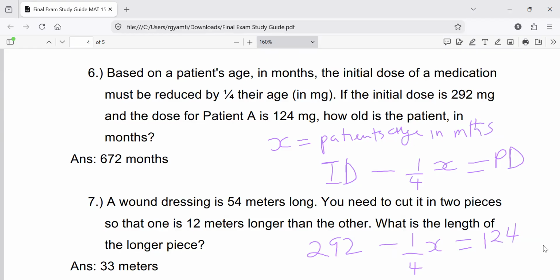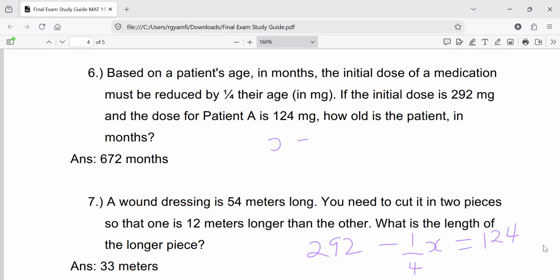So to solve this, there are so many ways we could solve this. I'm going to rewrite it so that I have more space to work. So this is 292 minus x divided by 4 equals 124. Now, because I'm trying to solve for x, I could subtract 292 and 292 here.